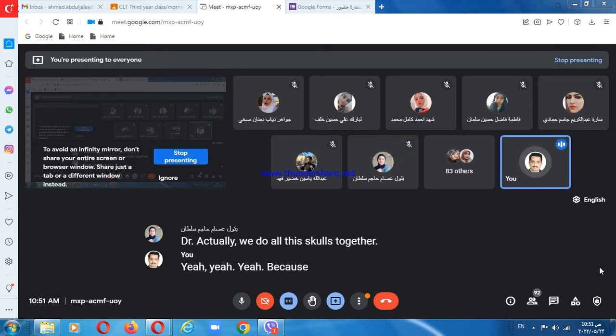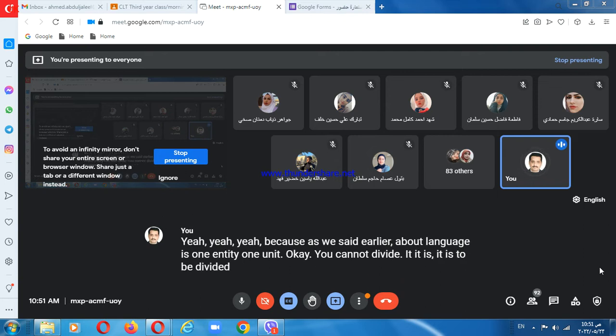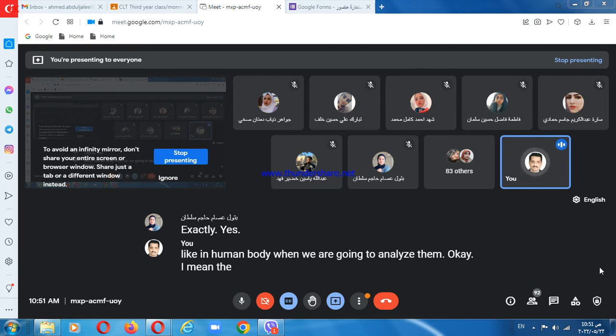Because as we said earlier, language is one entity, one unit. You cannot divide it. It is to be divided for the cases of study, just like a human body, when we are going to analyze the parts, I mean the organs, for the physiology.